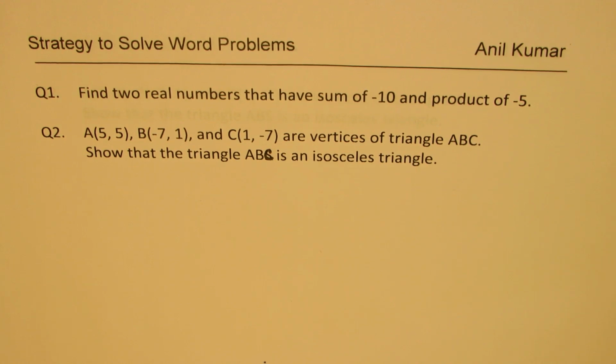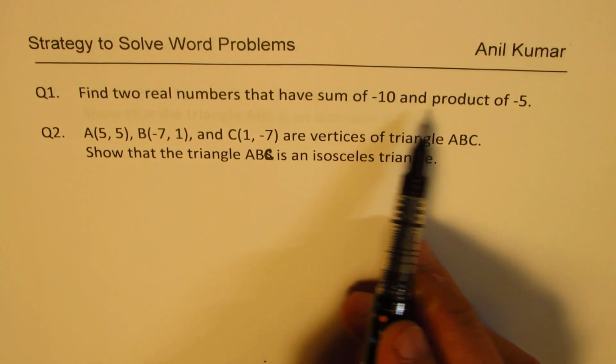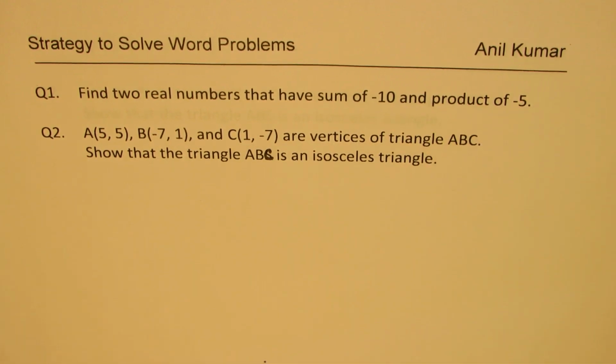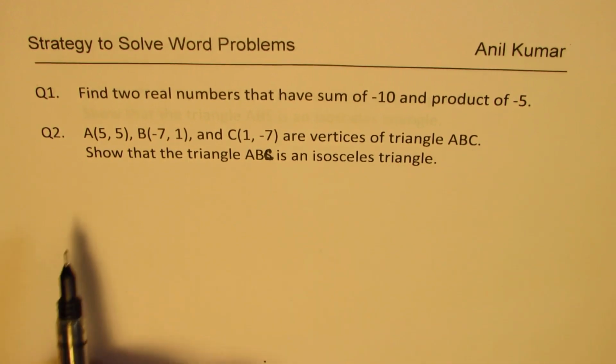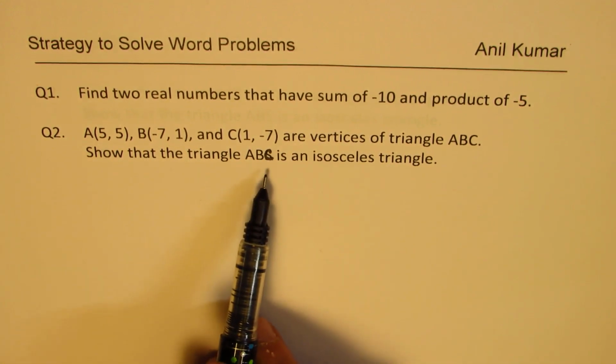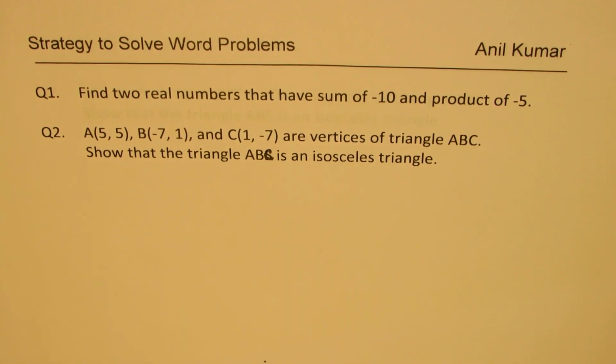Question number 1 is, find two real numbers that have sum of minus 10 and product of minus 5. Question number 2 is, A (5, 5), B (-7, 1) and C (1, -7) are vertices of triangle ABC. Show that the triangle ABC is an isosceles triangle.